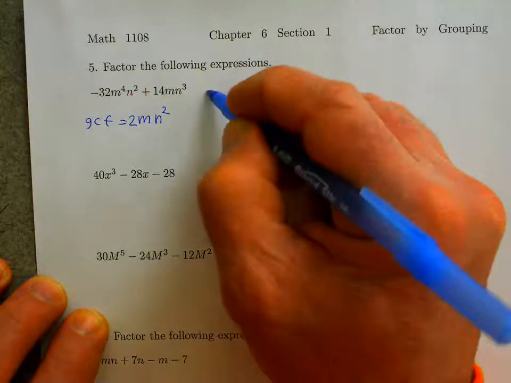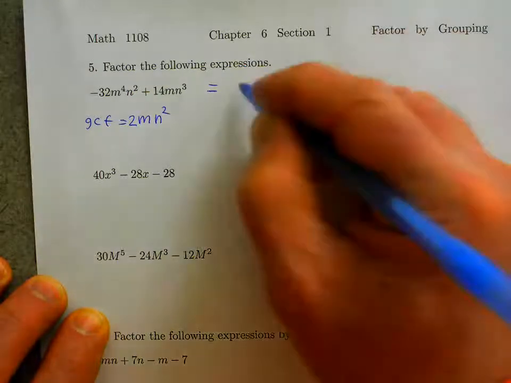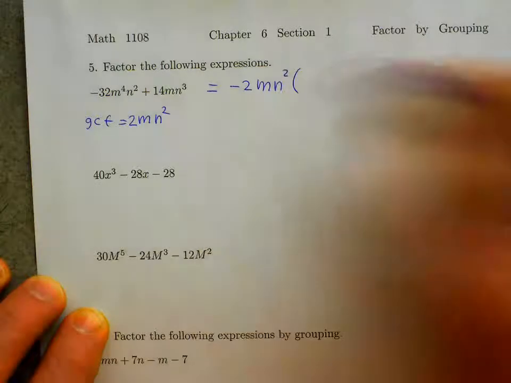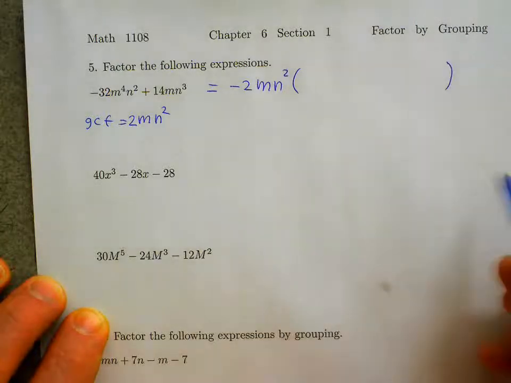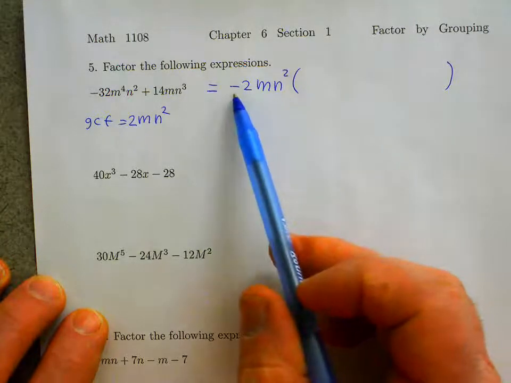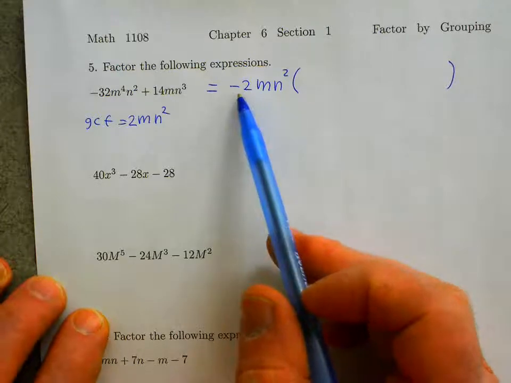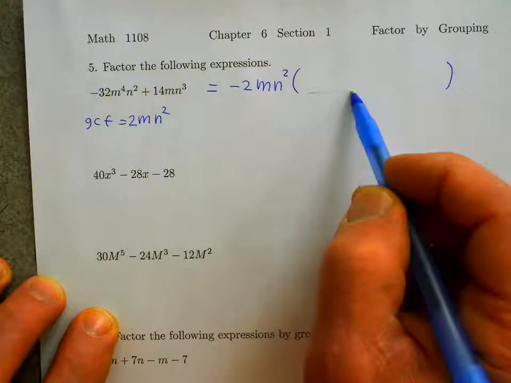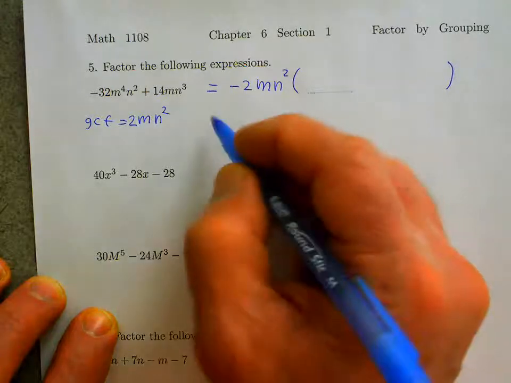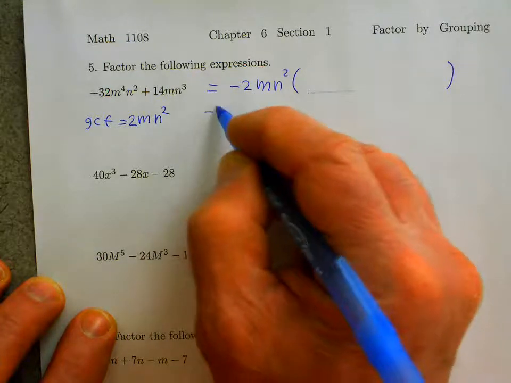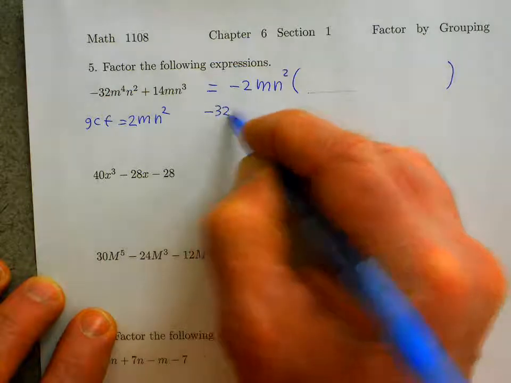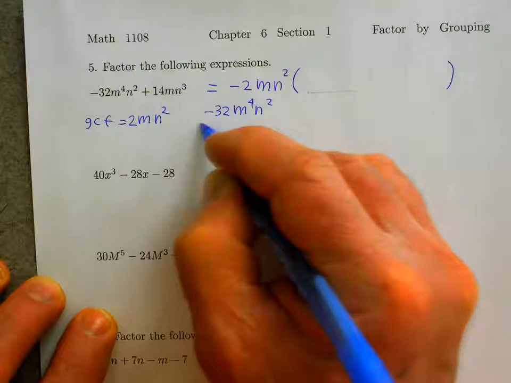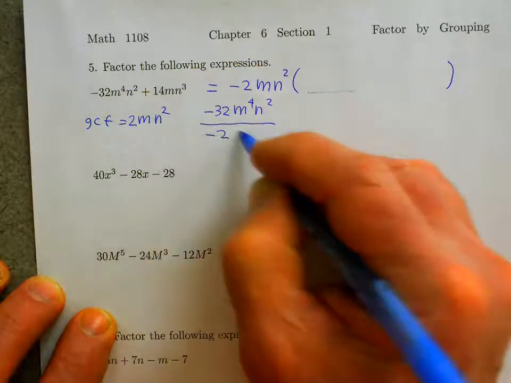Okay, so I'm going to factor negative 2m n to the second out. And then you always have to be careful with the signs. So the first term inside the parentheses is what we get when we divide negative 32 m to the fourth n to the second by negative 2 m n to the second.